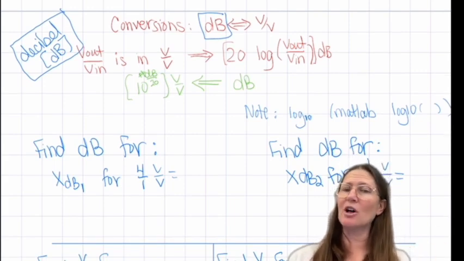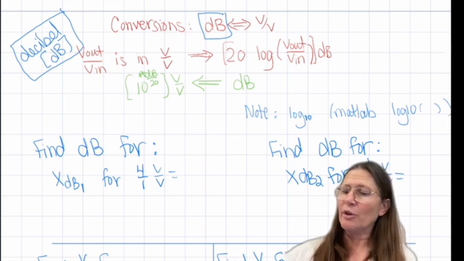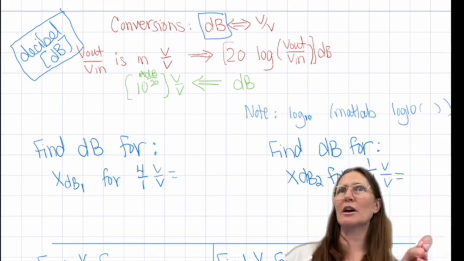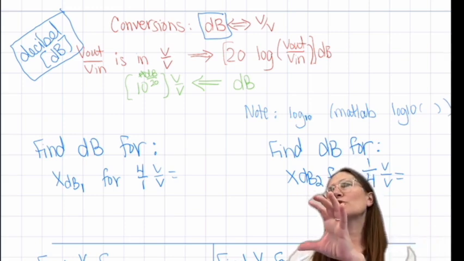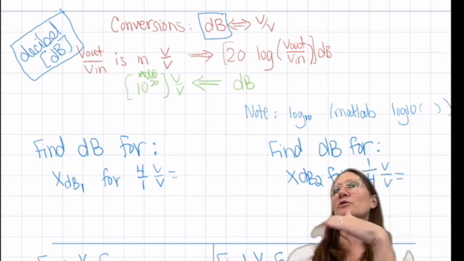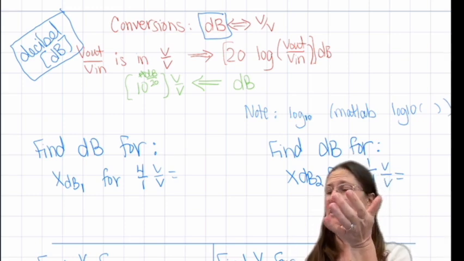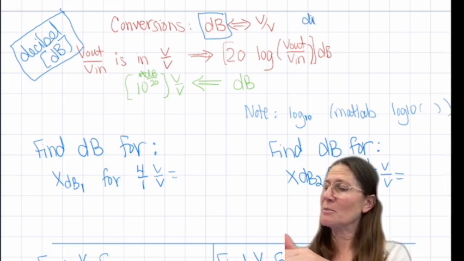So to convert, we need to know how. As I said, it's a log form. So when you solve equations that now have AC signals in them, you're going to get the result of volts over volts. So it's going to be dimensionless, and bels are also dimensionless.